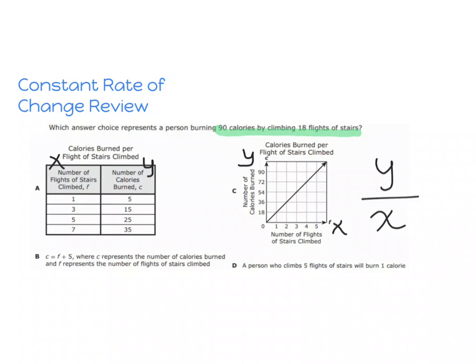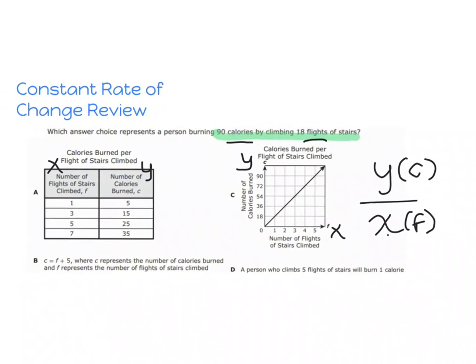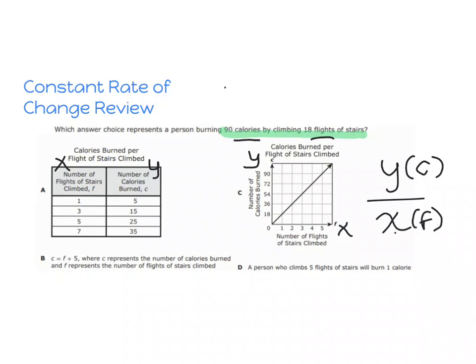So in this case, we can see in both the table and the graph that y, here we're using the letter C for y, and f is standing in place of x. So that would be for calories versus flights. So if I need to know what y over x is, I'm going to do 90, oops, let me get my pen back, 90 divided by 18.